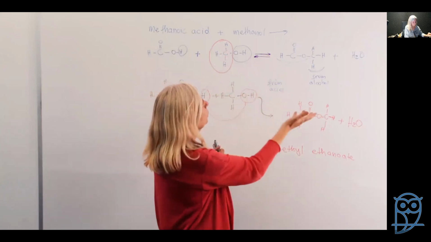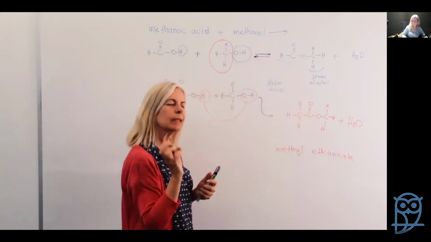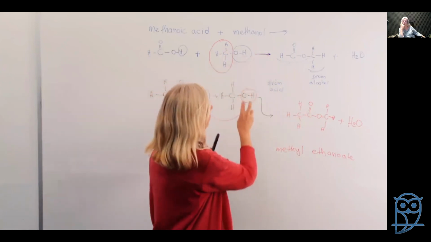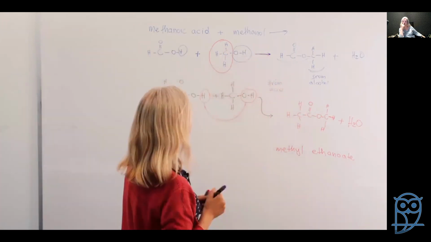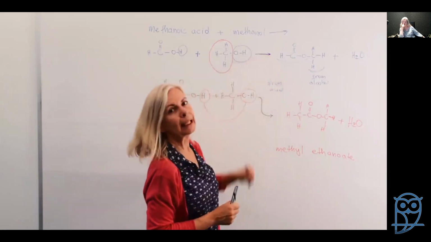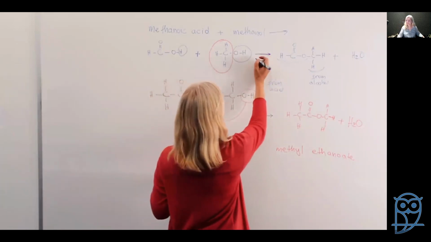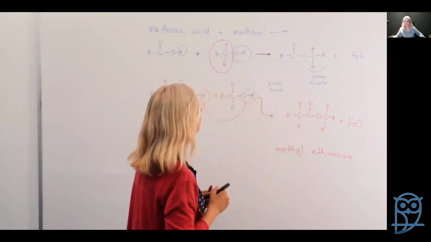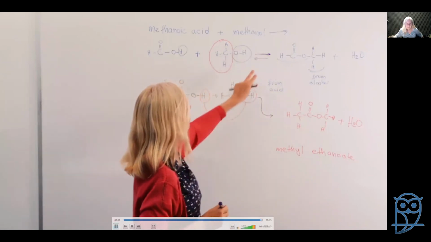First of all, it makes the reaction go faster, and then it removes the water from the reaction, so it displaces the equilibrium to the right, as we want it. So there is an important aspect: we need a catalyst for this reaction if we are to produce an ester.